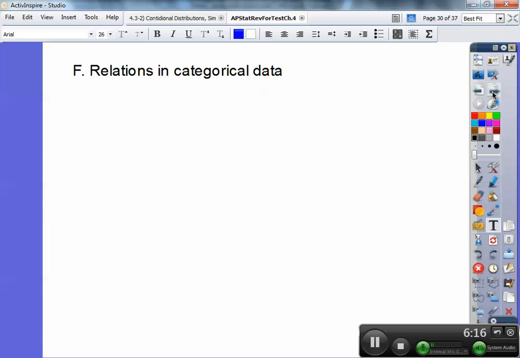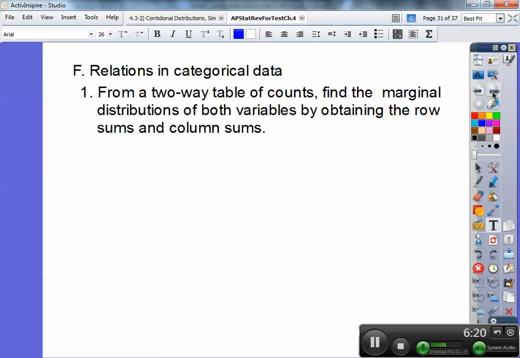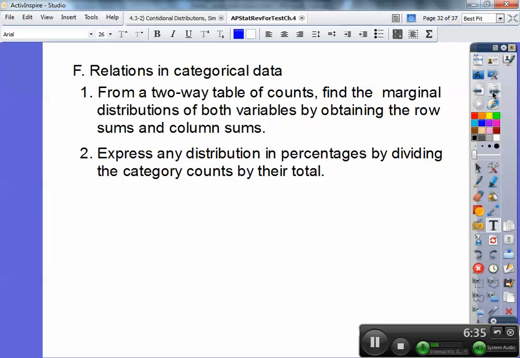Anyway, relations in categorical data. From a two-way table of counts, find the marginal distributions of both variables by obtaining the row sums and the column sums. You're going to be given a two-way table. Always make a column sum and a row sum on that, and express any distribution in percentages by dividing the category counts by the total counts.